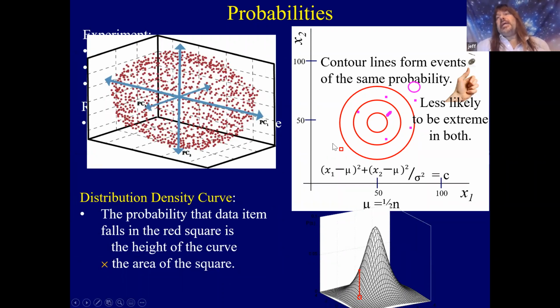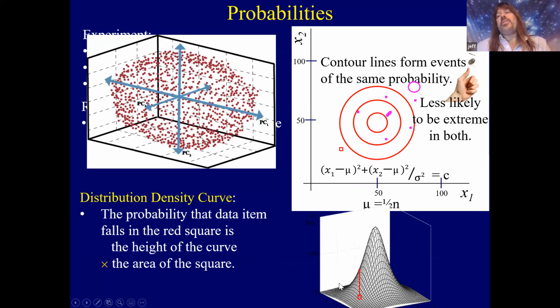Well, here's a little square, and I ask, what's the probability that when I do an experiment, I fall right in that square, right? I have this many heads the first time and this many heads the second time I fall in that square. Well, clearly, the bigger the square, the bigger the probability I fall in it. And the height here somehow is representing the probability.